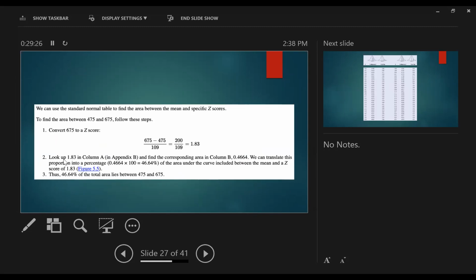What I would do is look up 1.83 in the appendix and find the corresponding area, which ends up being 0.466. I will show it to you in just a second. I just want to talk it through here. You can then translate this portion as 46.64% of the area under the curve. That includes between the mean and z.